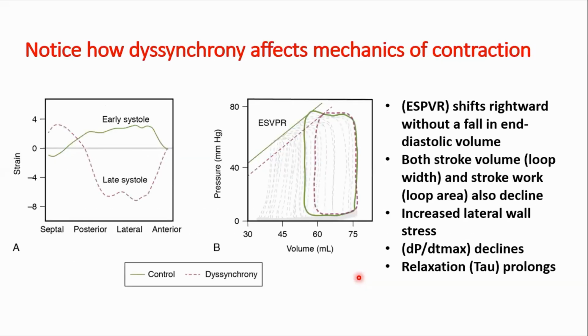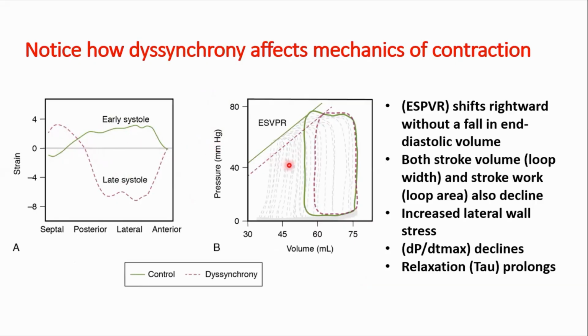And here we can understand the mechanics of dysynchrony. Some parts are activated in early systole and some parts are activated in late systole. In early systole, there is a positive strain over the lateral wall, and in late systole, there is a positive strain in the septum.